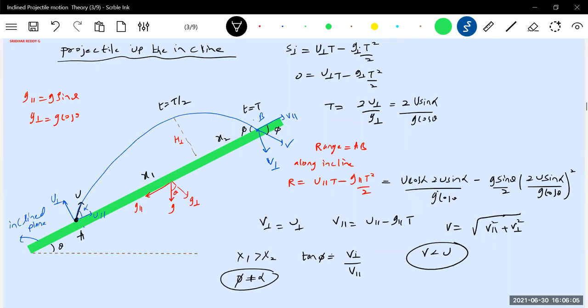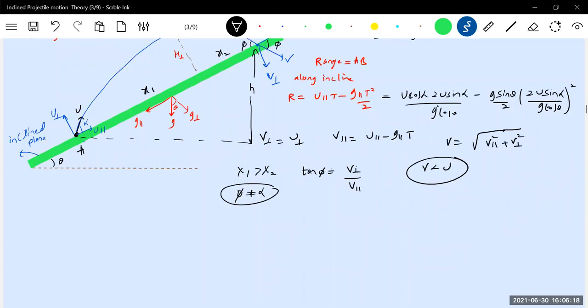At what height it will strike the incline, means he's asking this. Can we calculate this h? How to bring this h into the picture? So here I'll give a separate diagram. This is A, B, this is H.